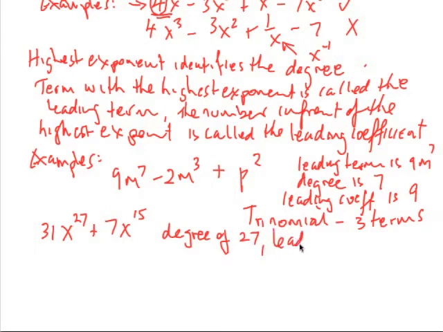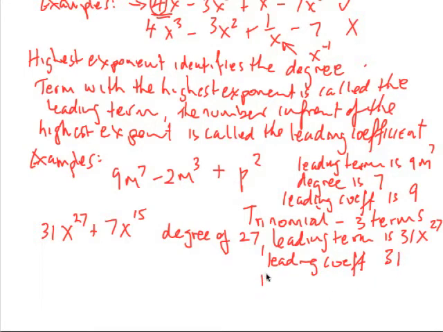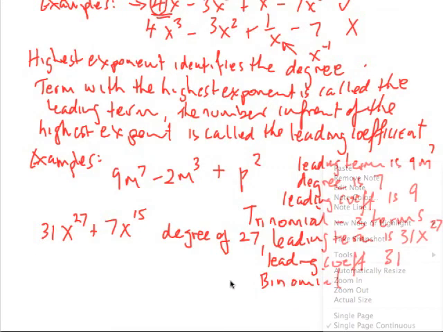Leading term is 31x to the 27, and the leading coefficient, of course, is 31, and this is a binomial because there's 2 terms.